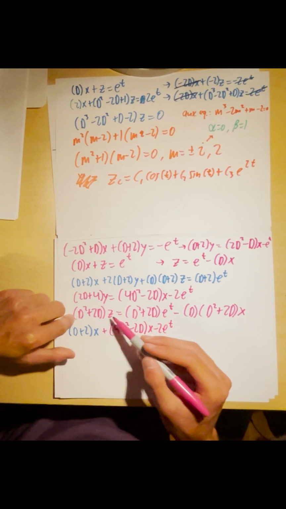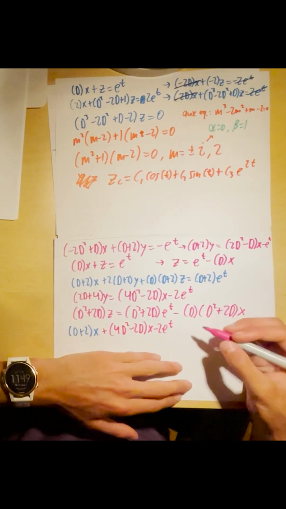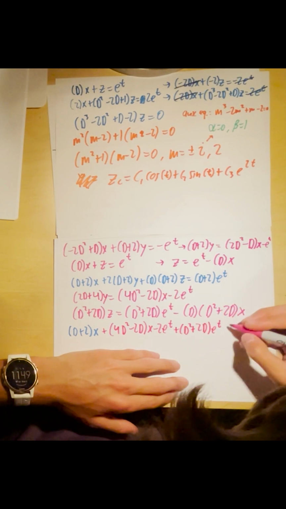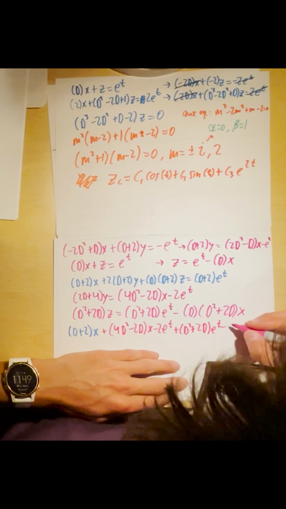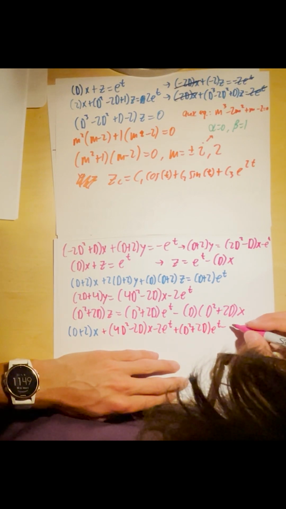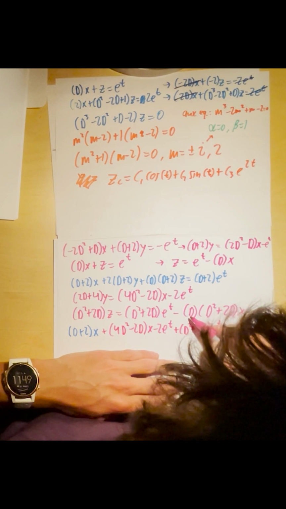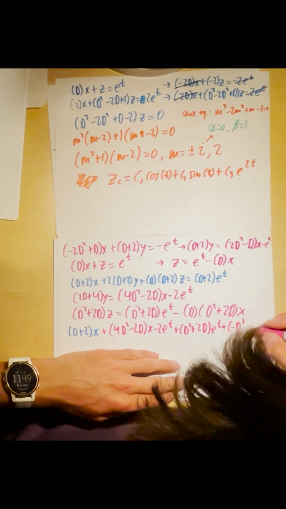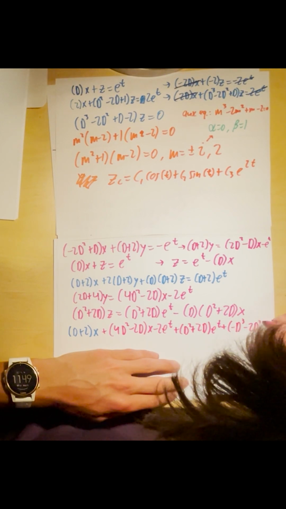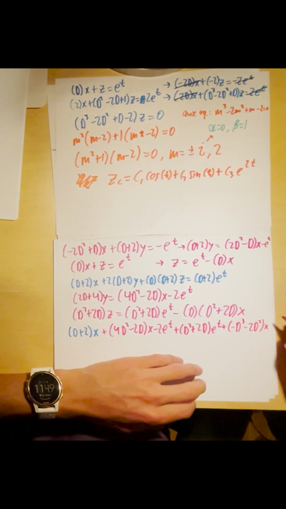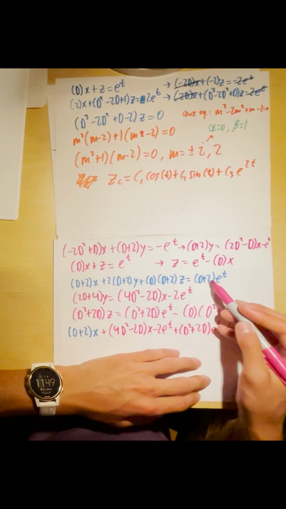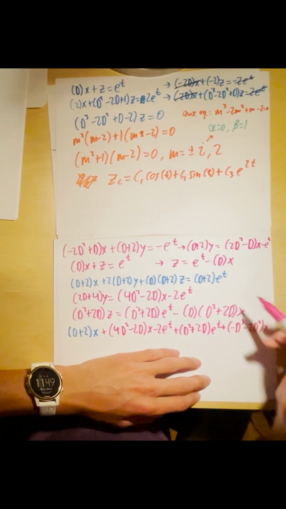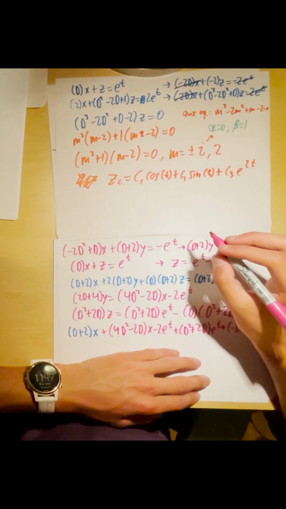And our d squared plus 2dz term will fit in nicely here. And this is minus everything in front of x. So I'm going to write it as plus negative d cubed minus 2d squared. And since the derivative of e to the t is itself, d plus 2 e to the t is 3e to the t.